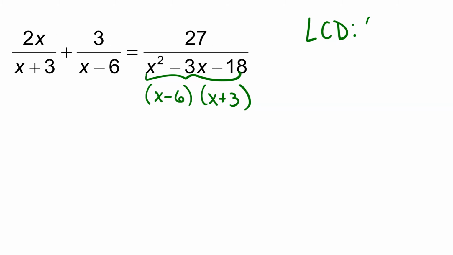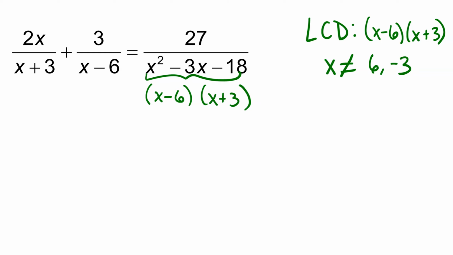Exactly, x minus 6 times x plus 3. While we're on the topic, what's the restriction on my domain? X cannot equal positive 6 and negative 3. Exactly. So if I get an answer at the end like x equals negative 3, just kidding, that's extraneous, it cannot be negative 3. We just said that.